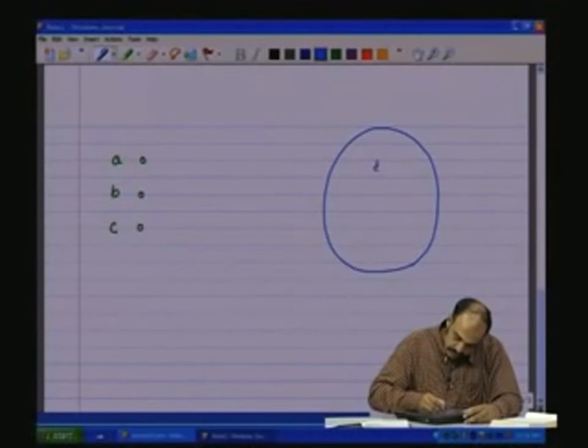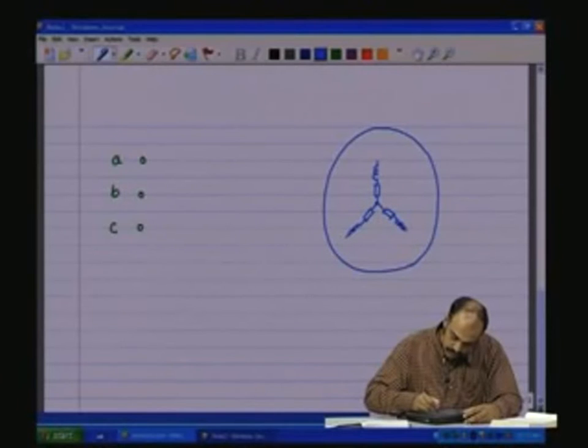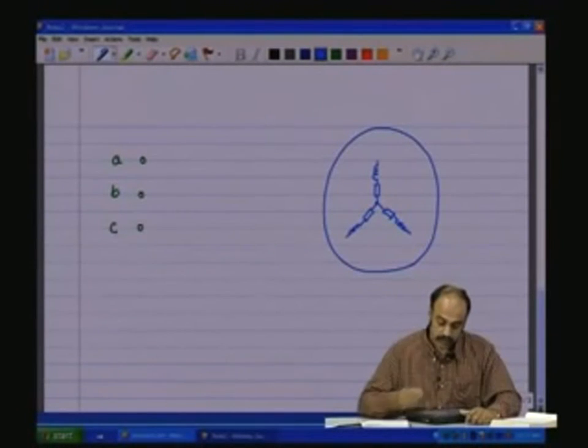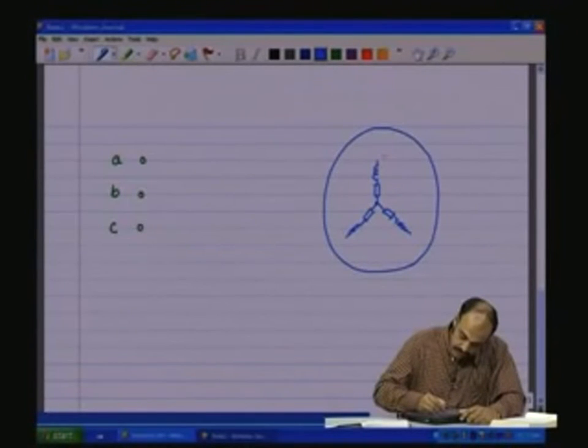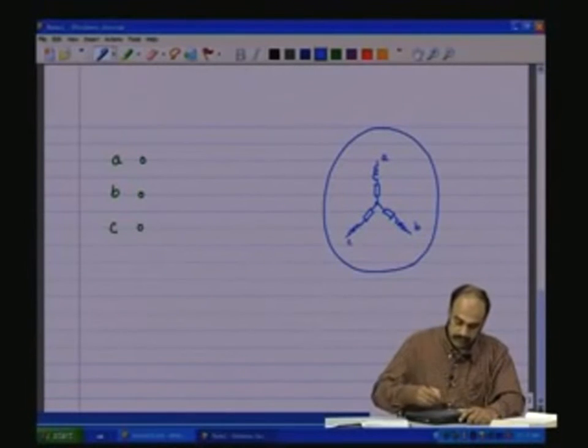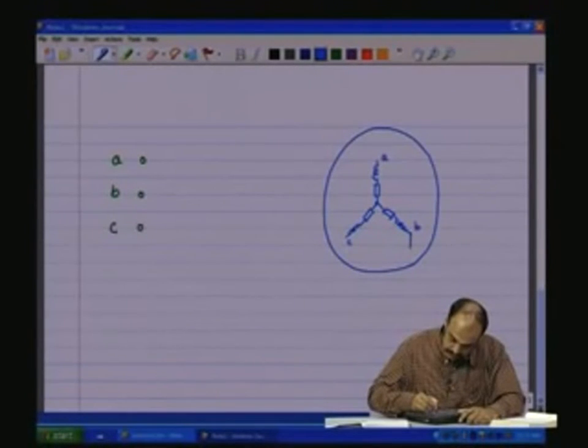So, let us have the load which is like this, an equivalent load like that. Now, we have the A phase terminal, the B phase terminal and the C phase terminal. So, let us bring this out like that.